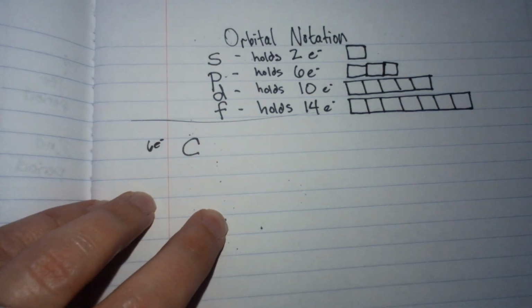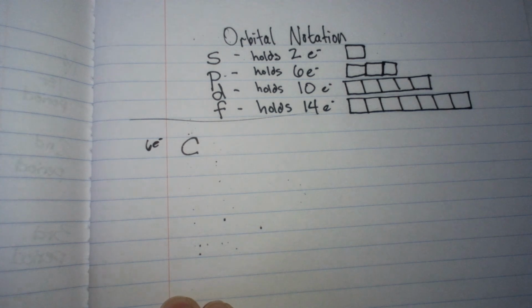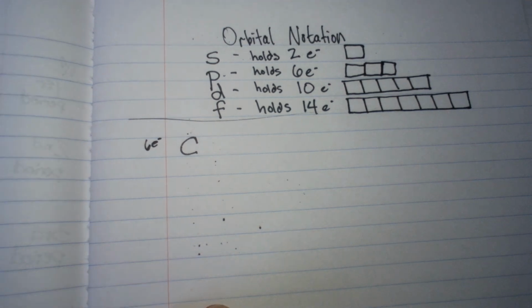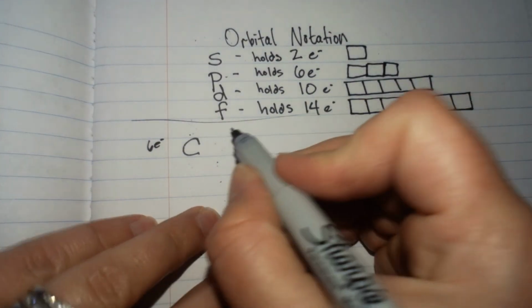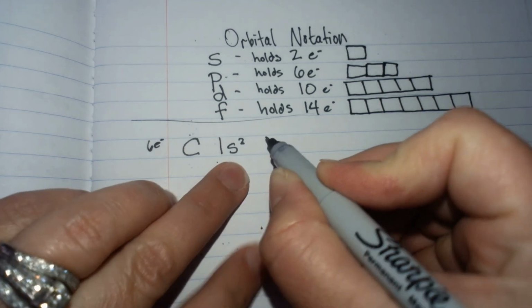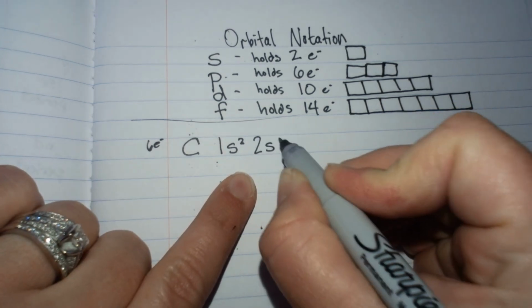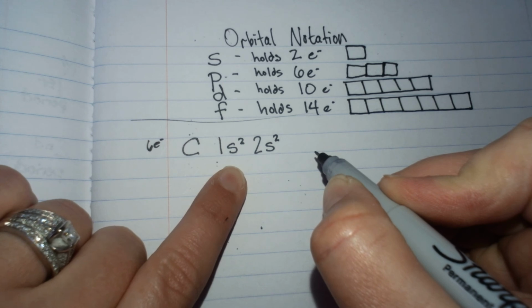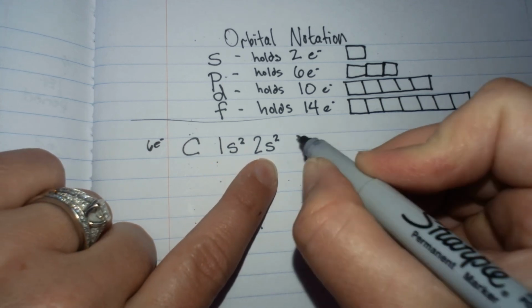If I write its electron configuration, I'm going to refer back to the Aufbau principle. I'm going to write 1s2, there's 2 electrons, 2s2, there's 4 electrons.